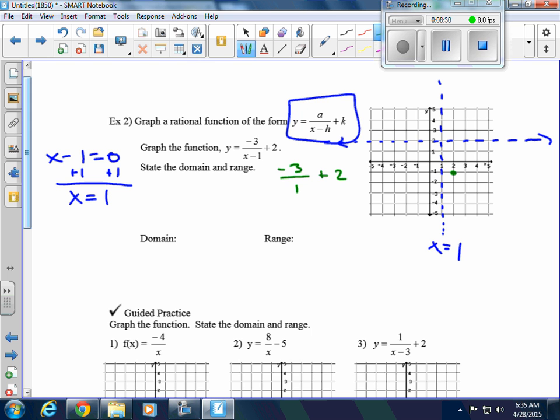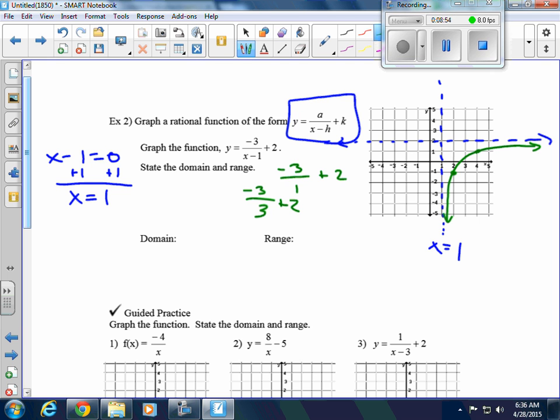So let's go 4. So it's going to be negative 3 over 4 minus 1, which is 3, plus 2. So that's going to be at 1. And so now I have 2 points. I kind of know what that's going to look like. So it's got to take both of those. There's that branch of my hyperbola.